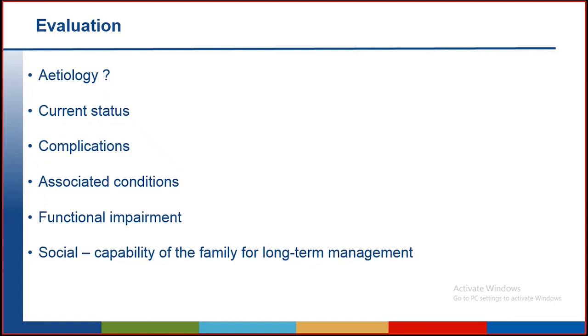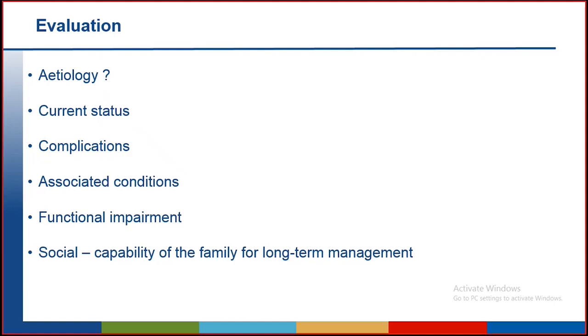But all these are important in the overall management of this child, because we are not just managing the lungs. We are managing the child with lung problem and the functional impairment. So this is also important to get some idea about the current status and plan the further management, especially to improve or at least support to some degree this functional impairment.